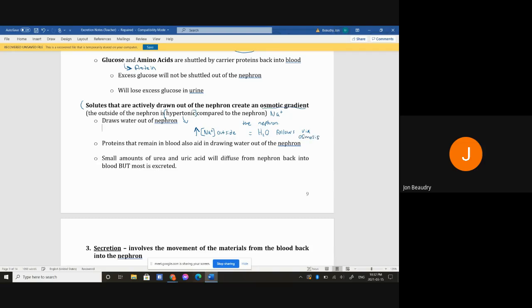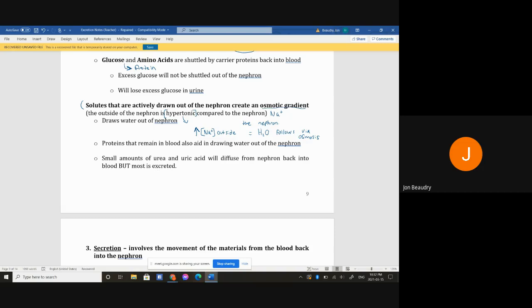So again, I always want to be at a state of equilibrium. If I have a really strong, dense concentration of sodium ions in one particular region of my body, in this case outside of my nephron, then water is going to flow across that gradient via osmosis and try to disperse the concentration of sodium ions.